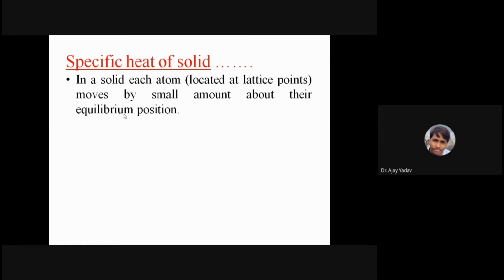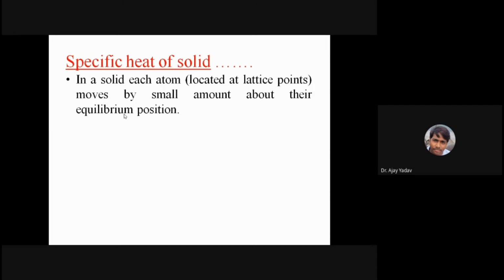So even at room temperature, and there is a quantum mechanical explanation further, which you must have already learned, the concept of the zero point energy. So even at 0 Kelvin, if the sample really has zero energy, that is a slightly different thing. I'm not discussing that thing here.